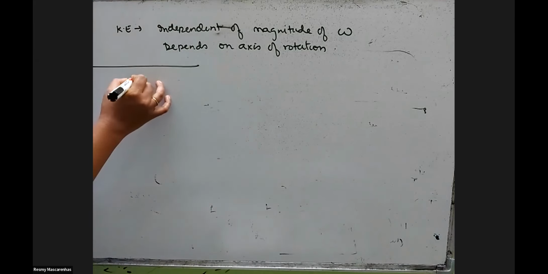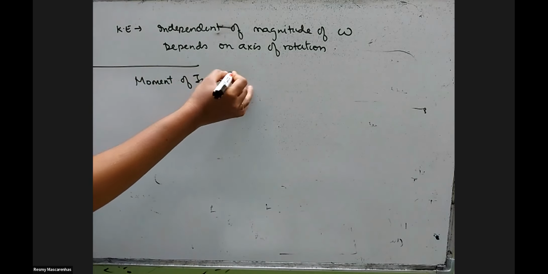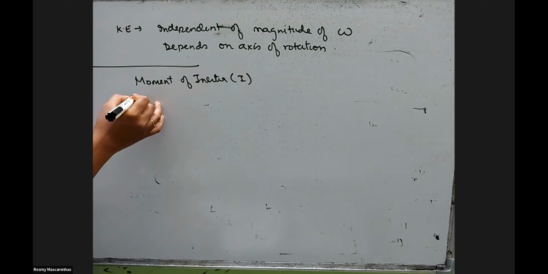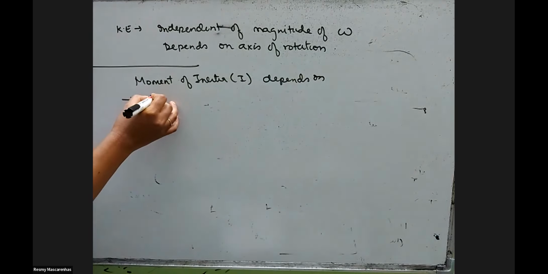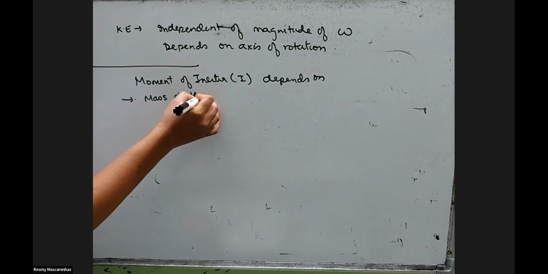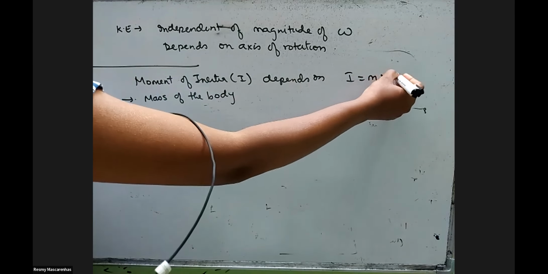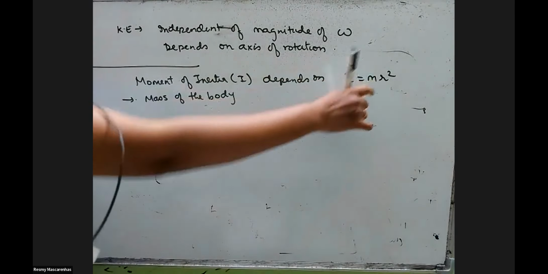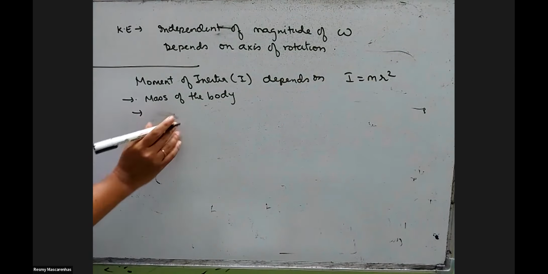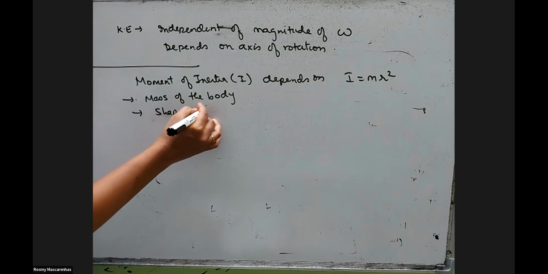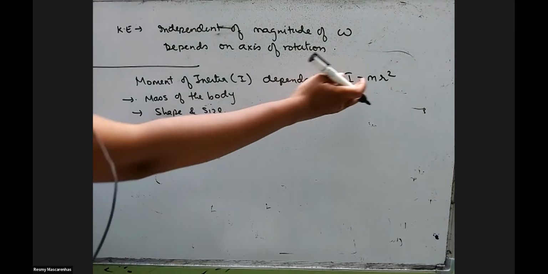And for moment of inertia, it depends on the mass of the body. What is I? mr square. It depends on the mass. It depends on shape and size. Obviously, because the bigger the size, the bigger the mass.